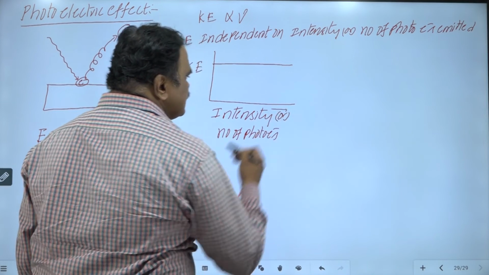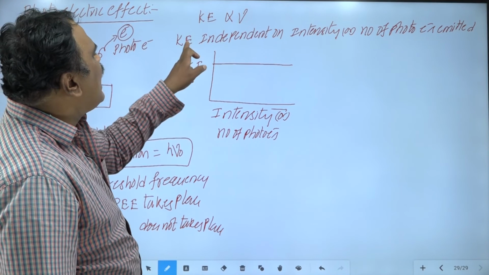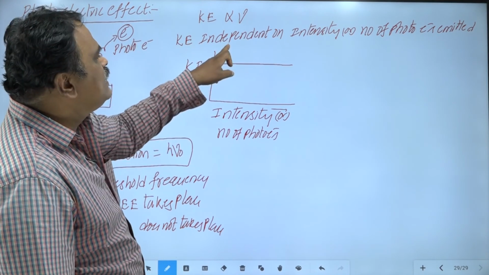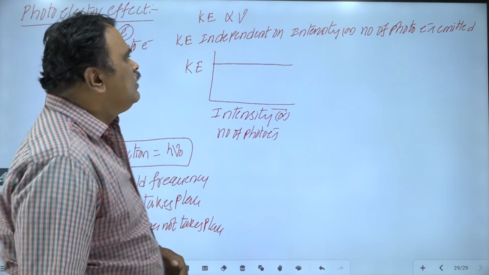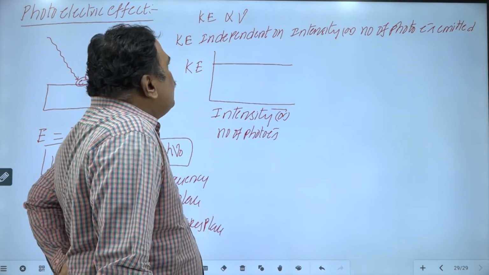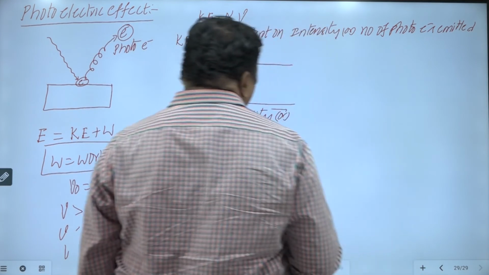Even though intensity increases, kinetic energy remains constant. That means kinetic energy of photoelectron emitted is independent of intensity of radiation or number of photoelectrons emitted, but kinetic energy depends upon the frequency.